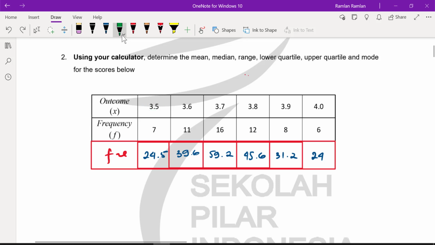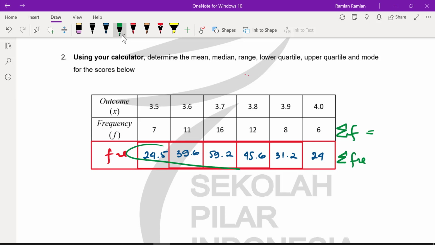Okay, the next thing that we need to do is to find the total number of frequency, which means we are going to find out how many data we have in this set of data, right? So you only need to add all of this: 7 plus 11, and so on. I'm going to write down sigma f. Remember that sigma means total, yeah? So sigma f. And after that we also need to find the sigma fx.